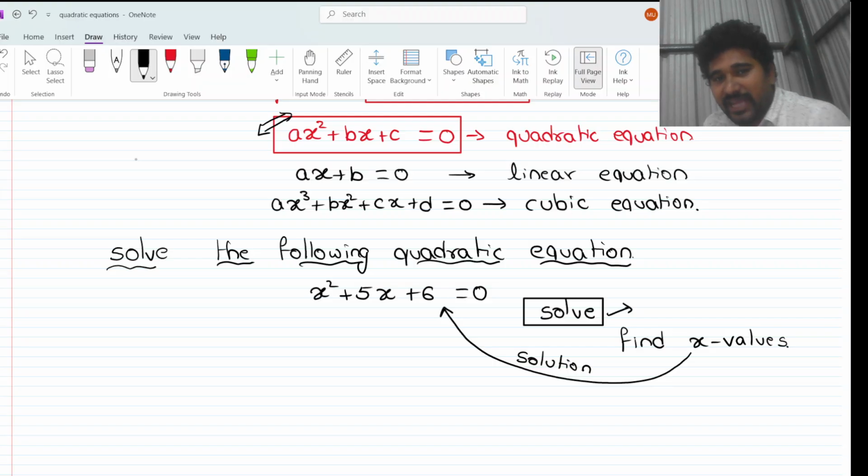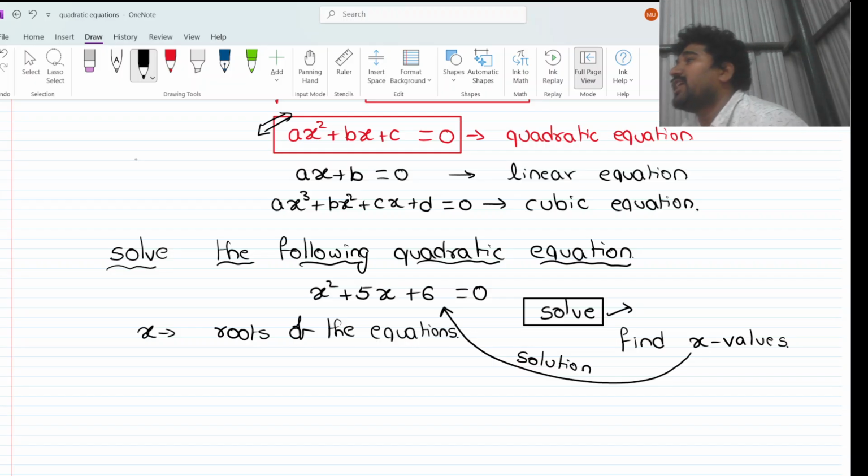Specially, those x values are called the roots of the equation. Roots of the equation are nothing but the x values. Those are nothing but the solution of that equation.